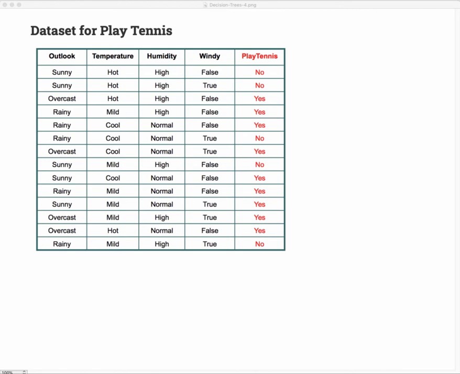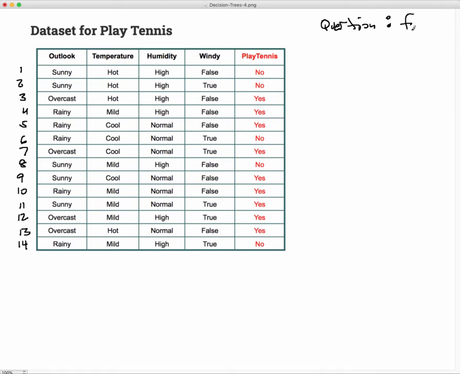And let me come over here and number these. 1, 2, and so now the question is, figure out f. Figure out the function f that we spoke about before.